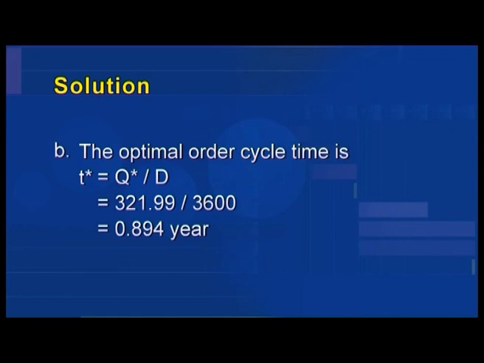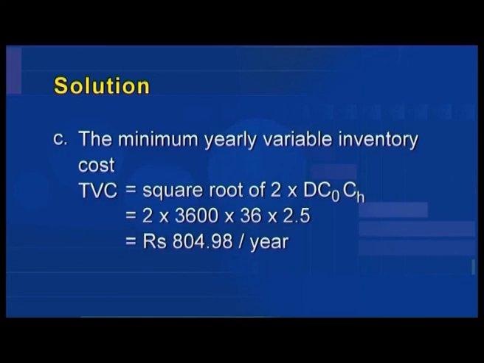The optimal order cycle time is T star is equal to Q star by D, which is equal to 321.99 by 3,600, which is equal to 0.894 year. The minimum yearly variable inventory cost TVC is equal to square root of 2 into D into C naught into CH, which is equal to square root of 2 into 3,600 into 36 into 2.5, which is equal to rupees 804.98 per year.